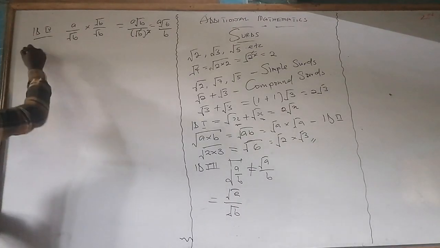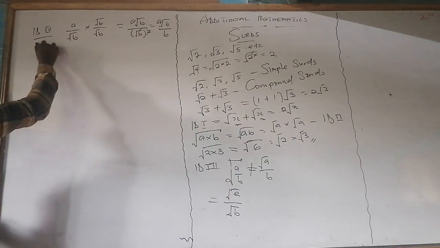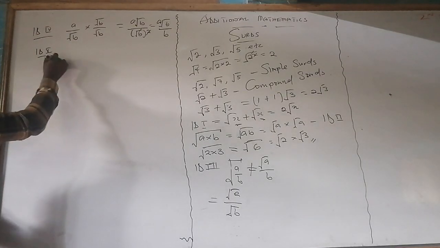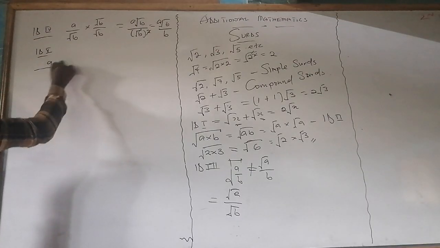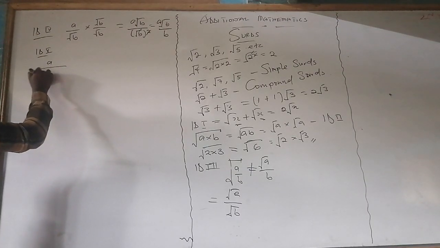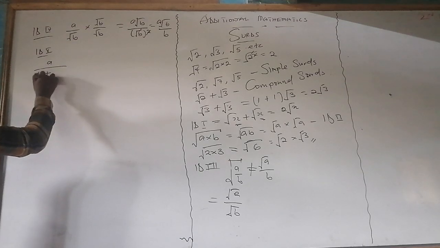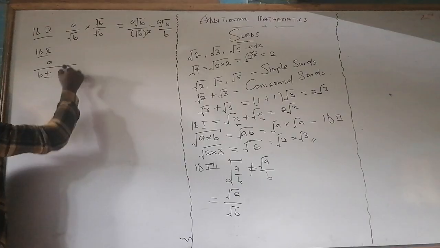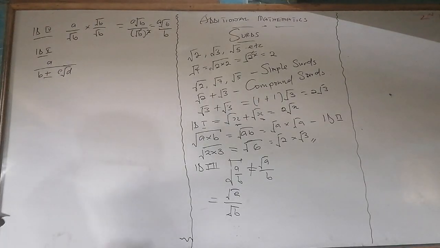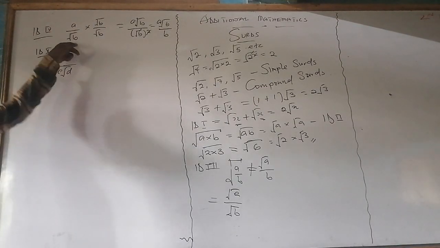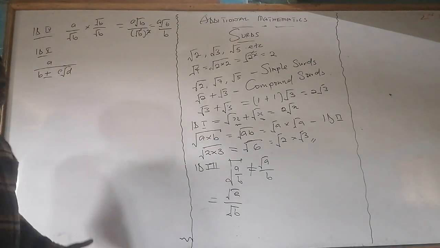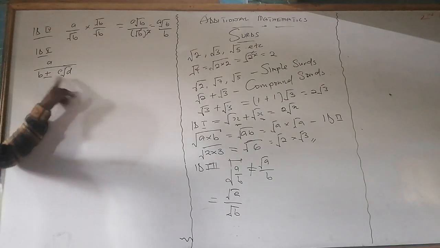Identity 5 is saying that if you are having a particular number, let's say A, all over B plus or minus C root D, what we should do in this case, you realize that here the denominator had only one particular number or radical. In this case, we have two terms here.